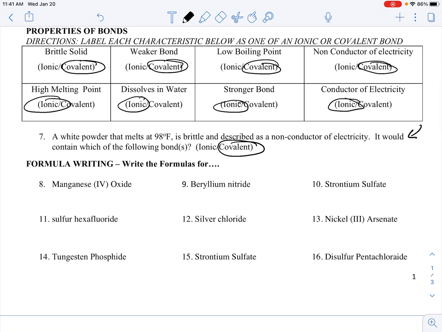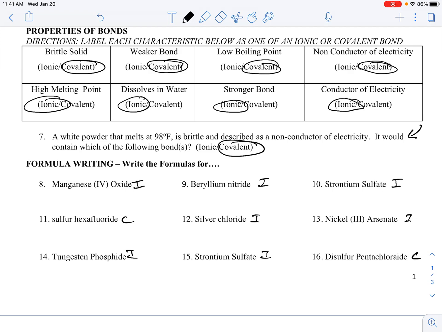Okay, formula writing. I'm writing the formulas here. So manganese, I'm just going to put an I or a C by all these. That's ionic, ionic, ionic, covalent, ionic, ionic, ionic, ionic, and covalent. Okay, so that's based off of the first element.